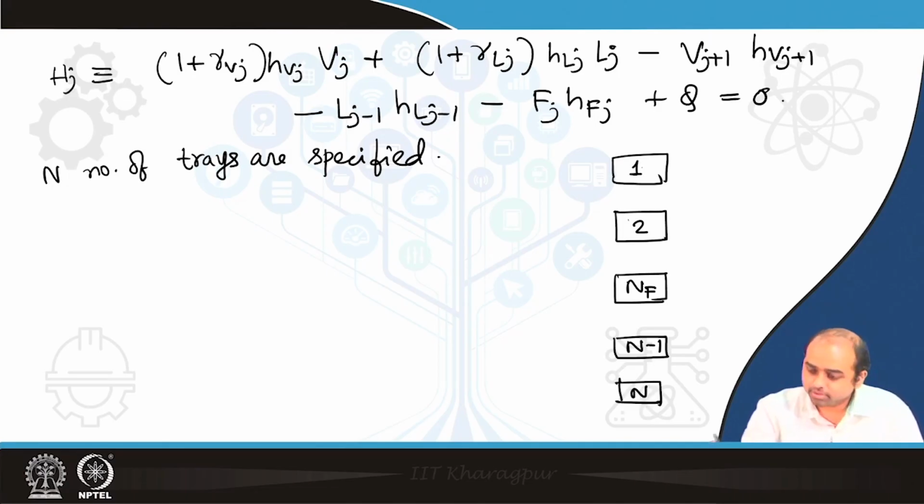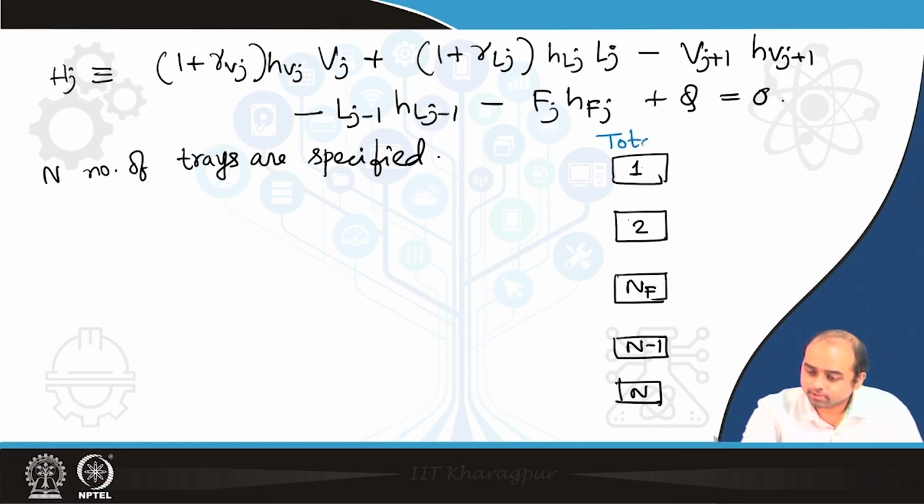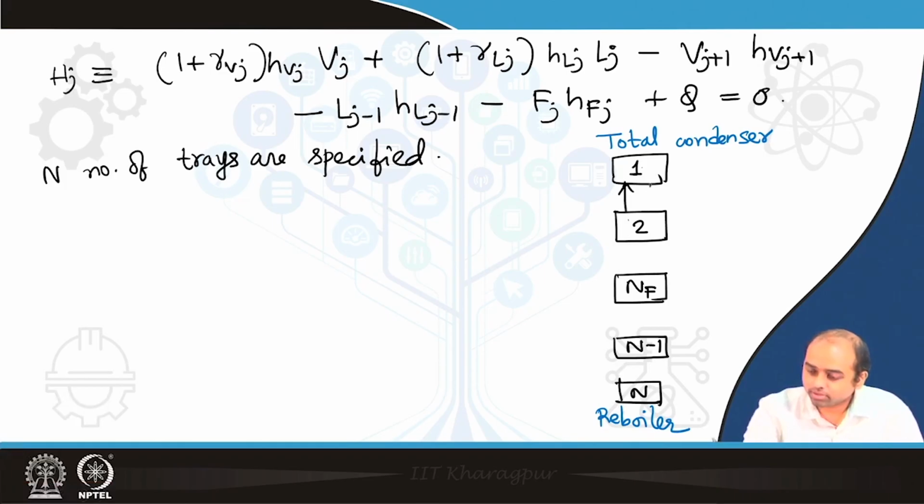I mark the top one as the total condenser, and the bottom one as the reboiler. Let us draw the stream connections like that here.